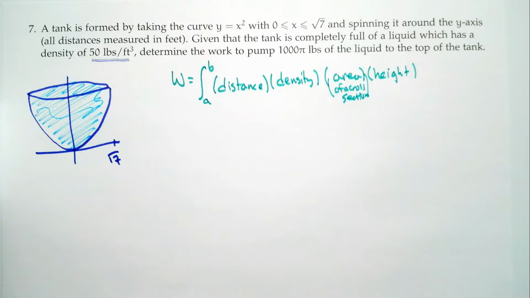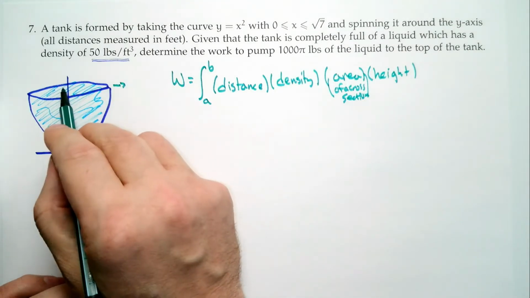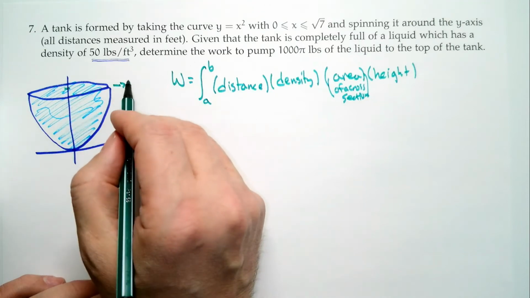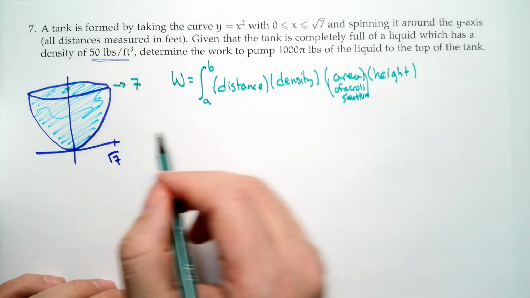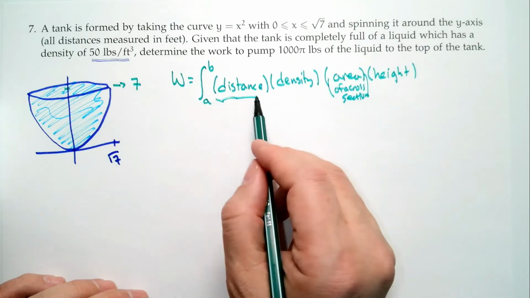All right. So most of these aren't so bad. Now, we already, in some sense, have a coordinate system built into the problem because it talks about y equals x squared, x goes between 0 and square root of 7. So why don't we just use the coordinate system that's given to us? So where is the top of this tank? Yeah, it's at 7. Okay. So what will the distance be?